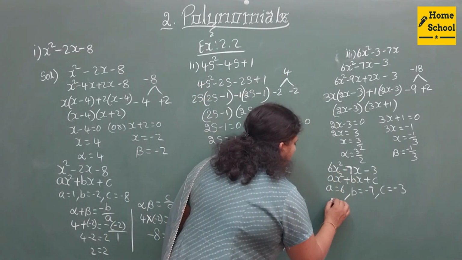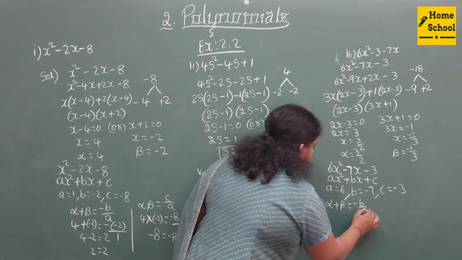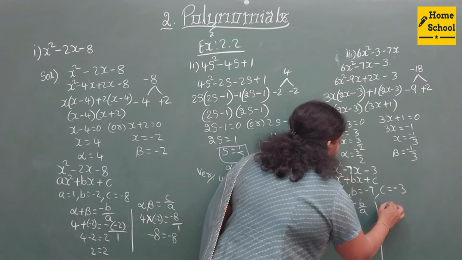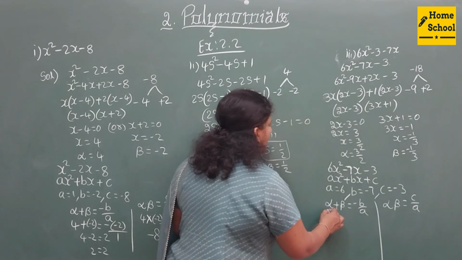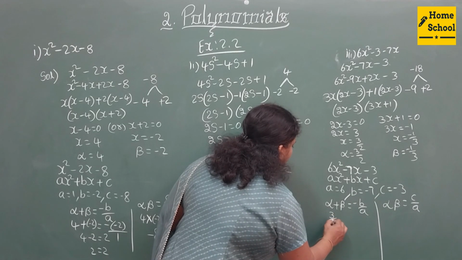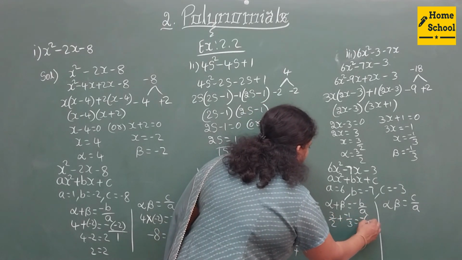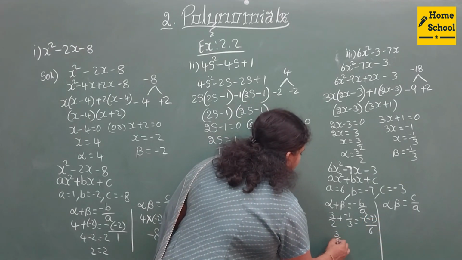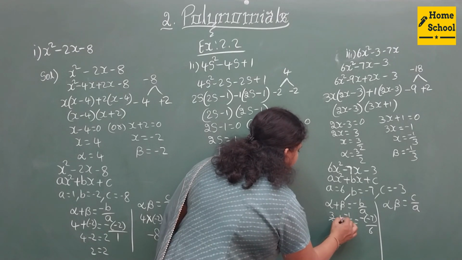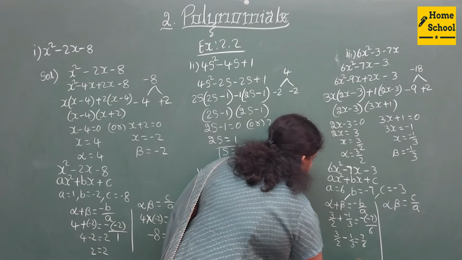Now, sum of zeros, alpha plus beta is equal to -b by a. And product of zeros, alpha beta is equal to c by a. Alpha 3 by 2, beta -1 by 3 is equal to minus of minus 7 by 6. 3 by 2 plus into minus, that is minus 1 by 3, is equal to 7 by 6.